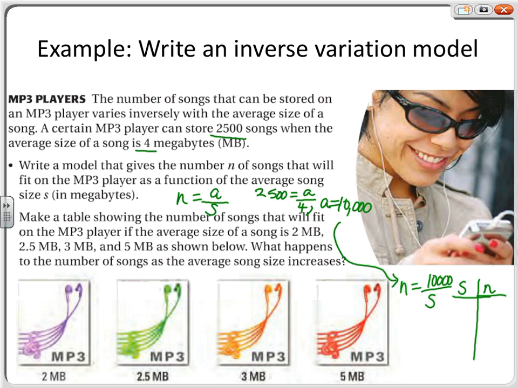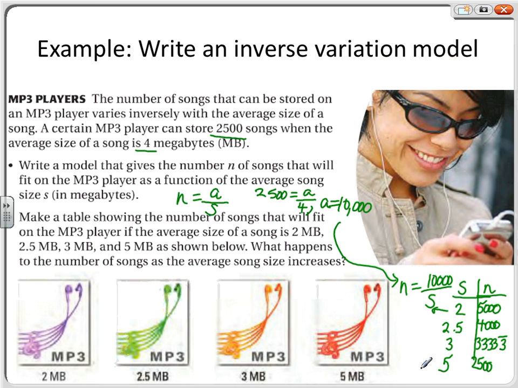So I'm going to be plugging in 2, 2.5, 3, and 5. When I plug 2 into this s, I get out 5,000. Plugging in 2.5, 4,000. When I plug in 3 and 5, make sure you can do this. Check in your calculator that you get the same thing that I do.